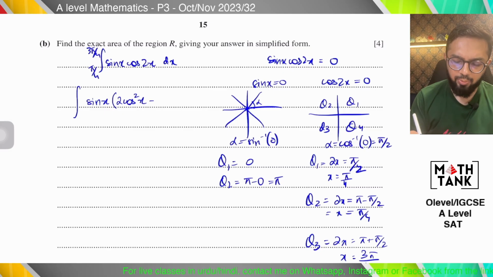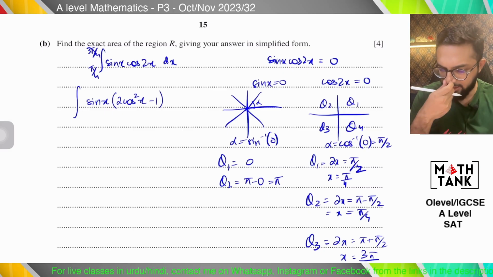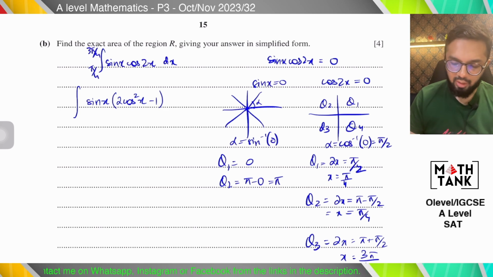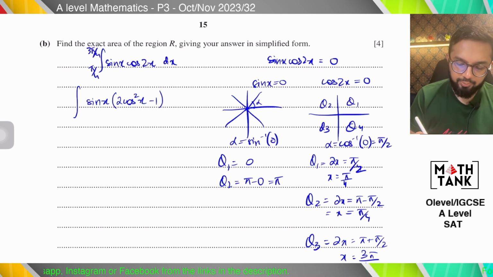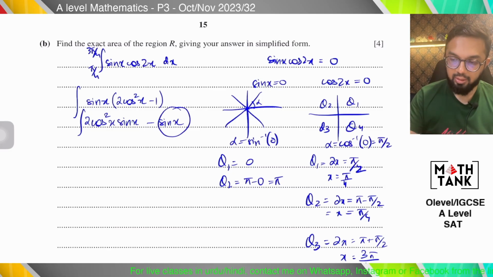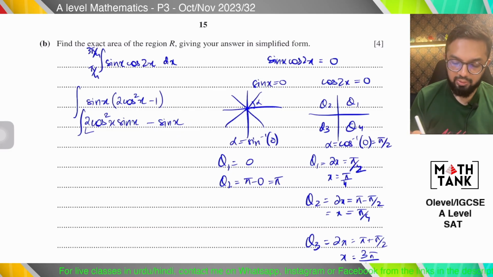So I go with the identity that I have and I write down 2 cos square x minus 1. That gives me 2 cos square x sine x minus sine x, and I'm still about to integrate this. I know that one of the parts can be integrated, so sine x can be integrated. What about this part?